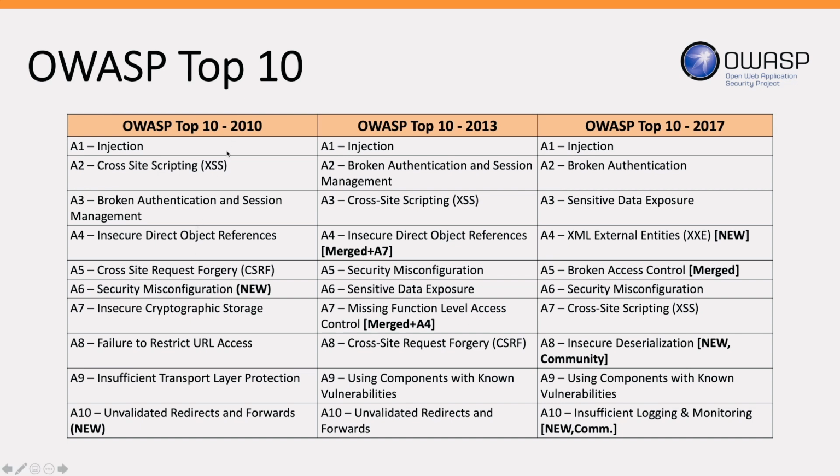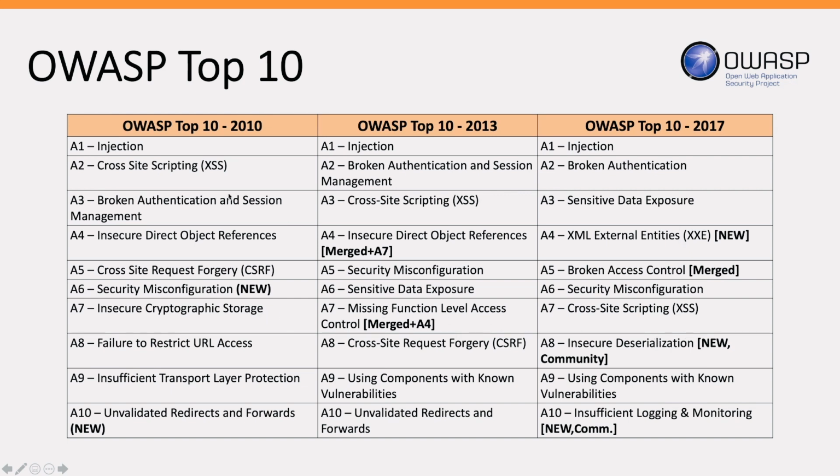You can see over here I've got the 2010 list, the 2013 list, and then the 2017 list. I believe 2020 is in the works, so I think it was submitted but has not been approved yet, but I could be wrong. So I think 2017 is the latest one that we have right now. You'll notice it does change across the years.